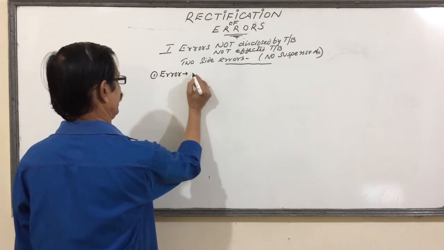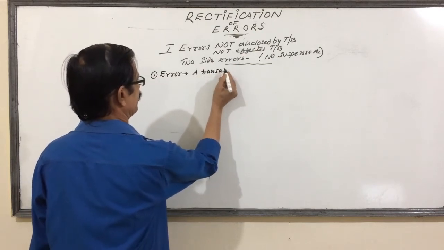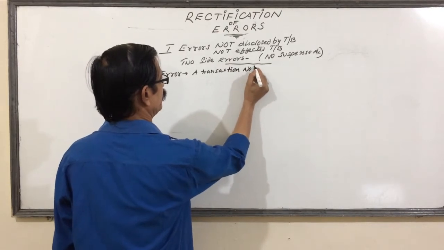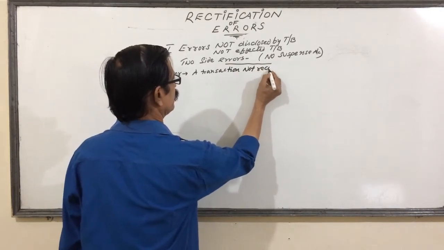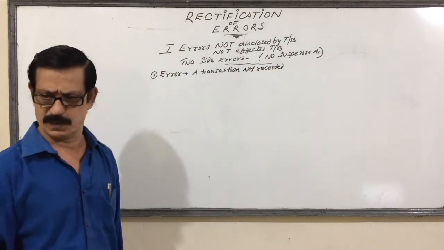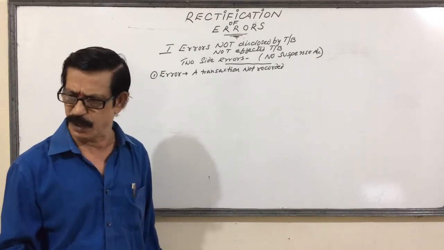A transaction not recorded in the books. Suppose you purchased goods from X, not recorded in the books. What can you do now?